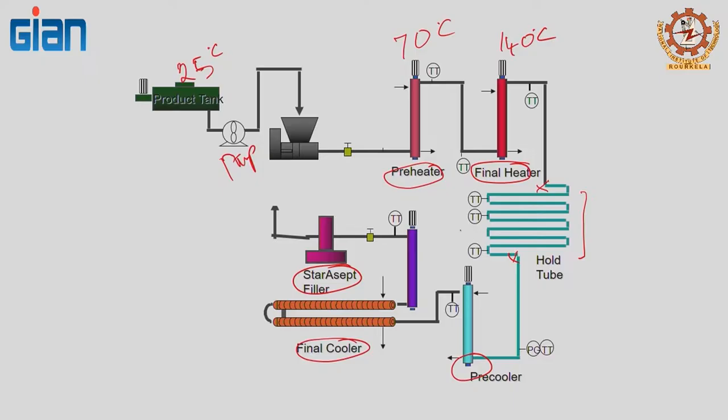Later on we will talk about microwave and ohmic heating, and you will see that the concept looks very similar. You are going to have a raw material tank, your holding tube, your cooling heat exchangers, and then the aseptic filler. The difference is that this heater is replaced.